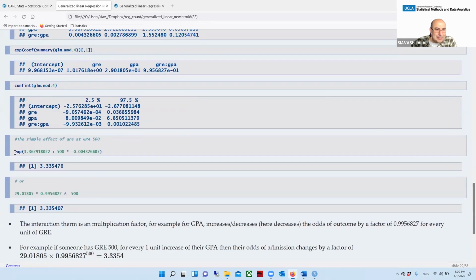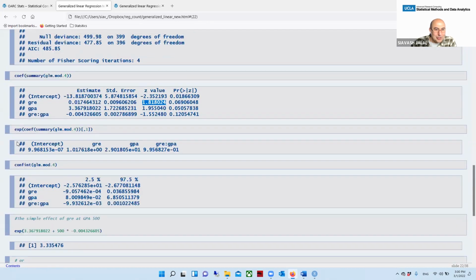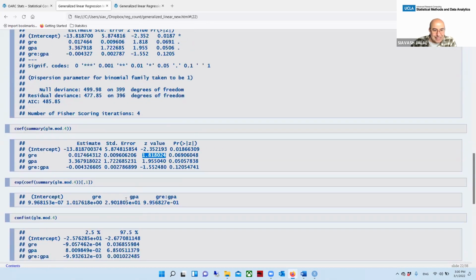Now if I want to see what that means, in linear regression this interaction was additional. Still, if you want to interpret this as the log odds, this interaction is additional to this value for GPA.